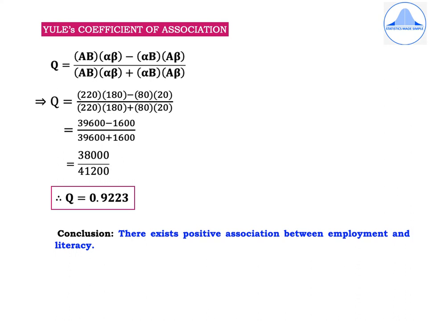Write the formula for Yule's coefficient of association, Q equal to AB into alpha beta minus alpha B into A beta divided by AB into alpha beta plus alpha B into A beta.